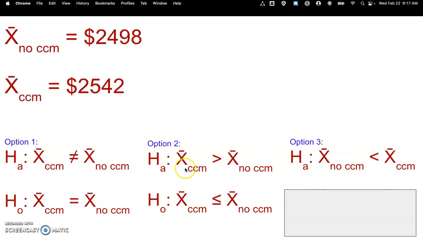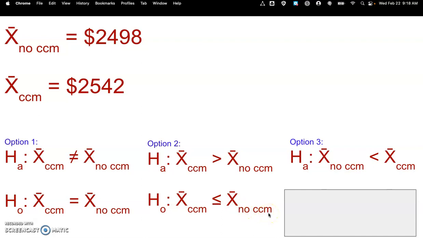What's the opposite of saying that customers that were given free credit card miles spent more money than customers that were not given free credit card miles? Well, we could say that customers that were given free credit card miles spent less than or the same amount of money as customers that were not given free credit card miles.